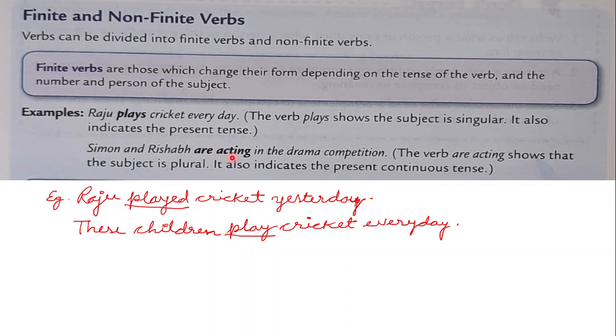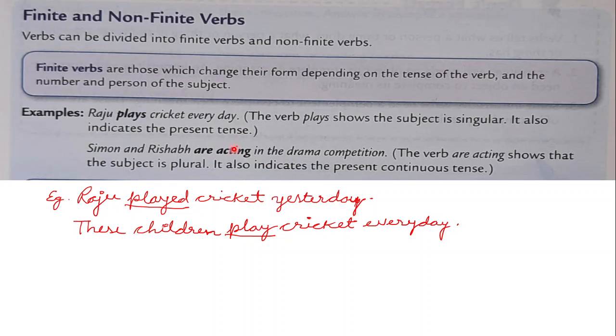Are is for present continuous tense. Since plural case, it is are. If it is singular case, Simon, then it will be is. Simon is acting. Or in the past tense, Simon was acting. So it depends on the subject. Such verbs change their form depending on the tense and the number of the subject.